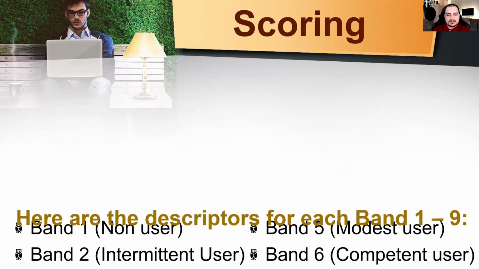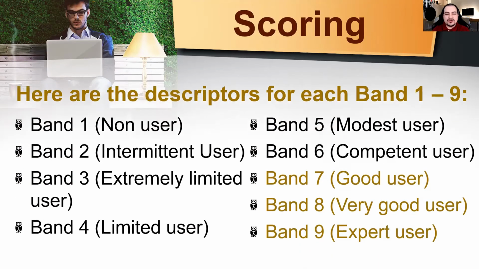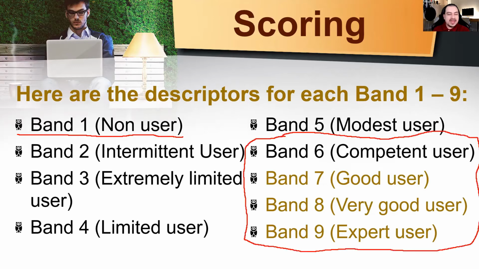Okay, and here are the descriptors for each band from 1 to 9. Okay, so as we can see here, if you are band 1, basically you are a non-user. All right, so a non-user is not good, definitely. What you should really care about is band 6 to 9. Okay, the other bands, we are not going to care about them because, of course, you don't want to just get any score.